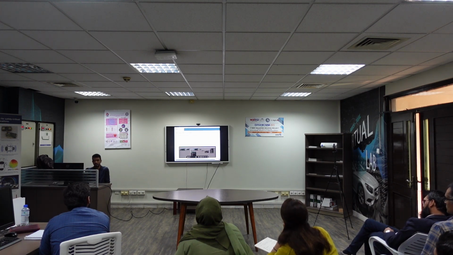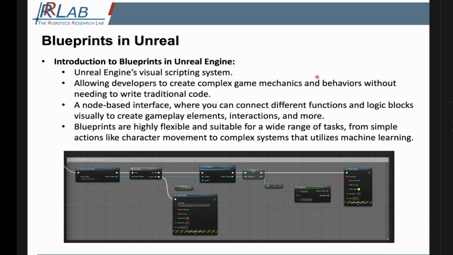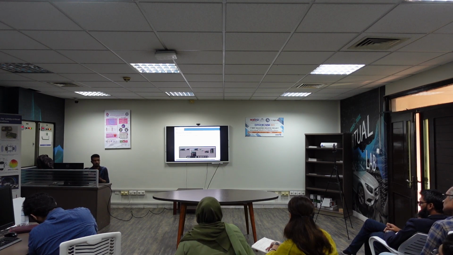Okay, now let's talk about blueprints in Unreal, which is a very good advantage in Unreal, and it's a powerful tool. It's Unreal Engine's visual scripting system, and as I mentioned, it allows people who are not professional with programming to create complex logic in the simulation without having to know much about coding.